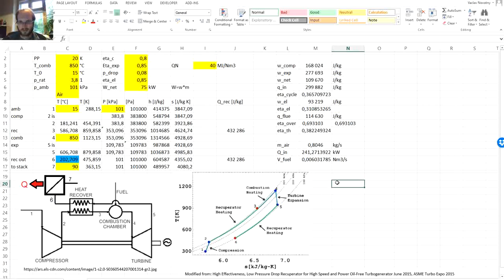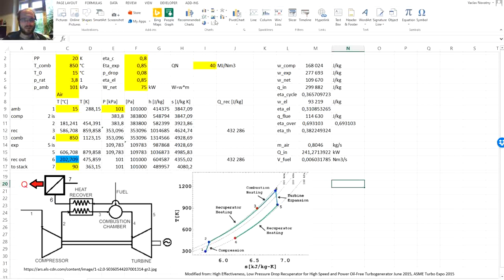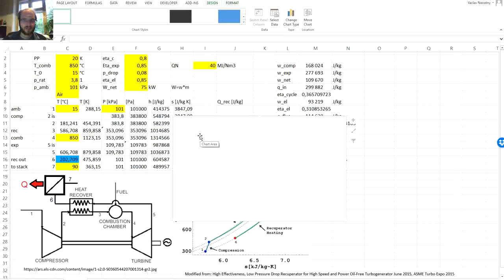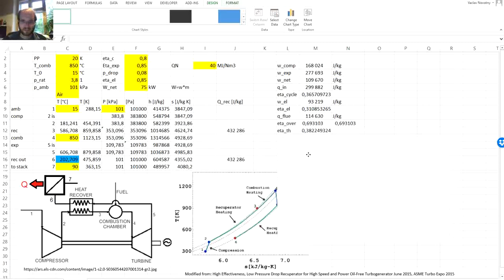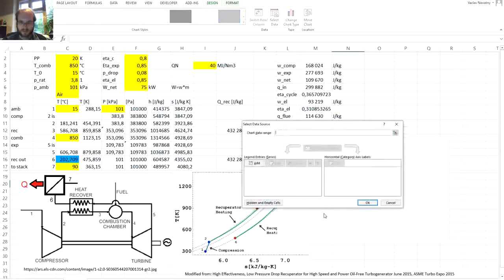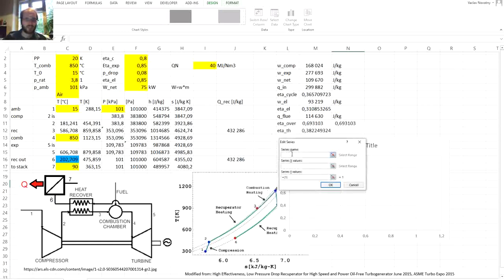So let's make a chart as a scatter plot, where we will put in our data.